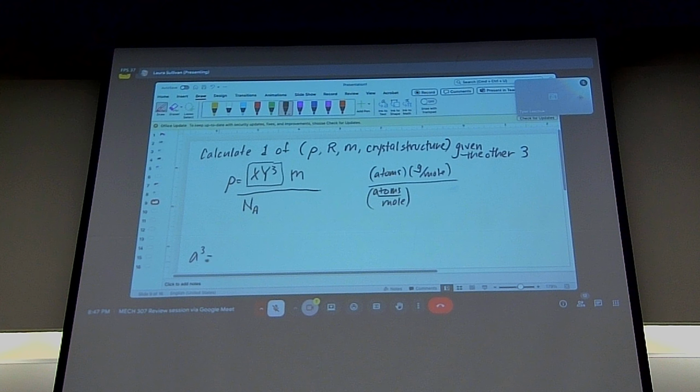A cubed is Y times R cubed. Is that right? Sorry, I need to write it up the way I normally do. So Y A is equal to 4R. There we go. So A is equal to 4R over Y.